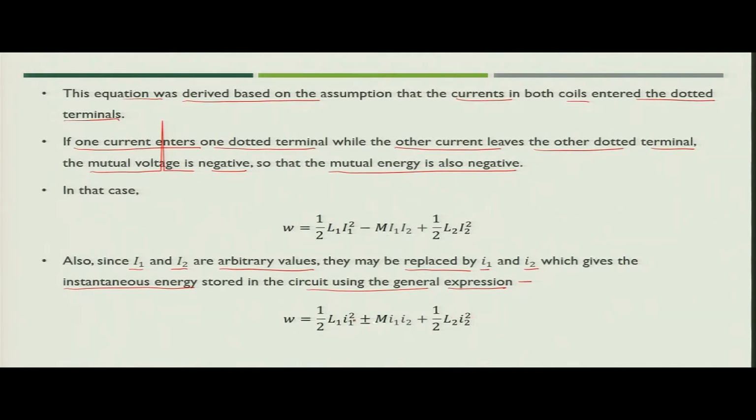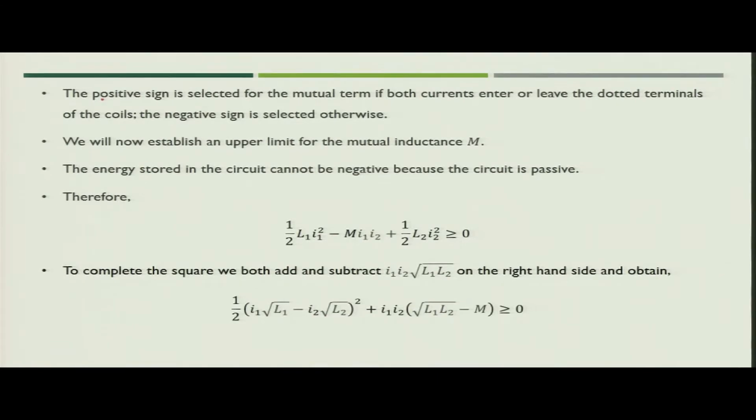So, this plus minus will depend upon how current is entering and leaving the dots. Now, we will select the positive sign for the mutual term if both currents enter or leave the dotted terminals, otherwise we will consider it as negative.